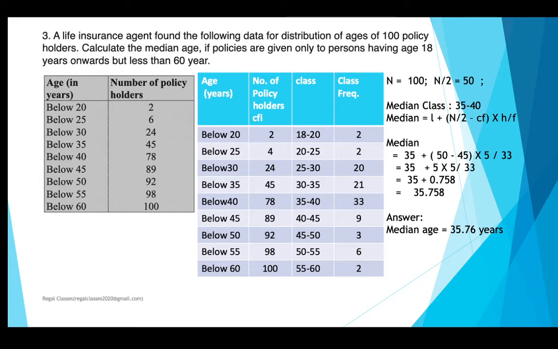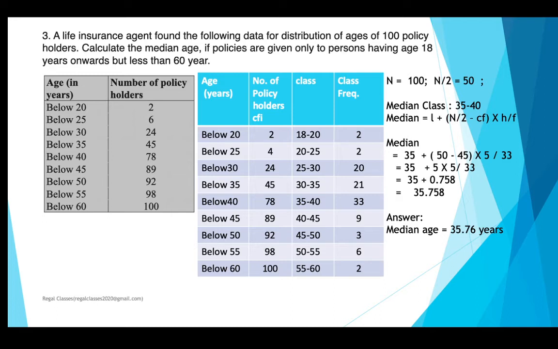That class frequency is 2. Now we are going in reverse, from cumulative frequency we are calculating the frequency. Below 30, between 25 to 30, is 24. So 24 minus 4, where 4 is the cumulative frequency of the previous class. You subtract and you get the frequency of the current class, 20.